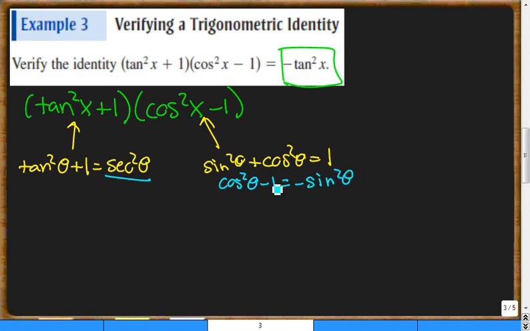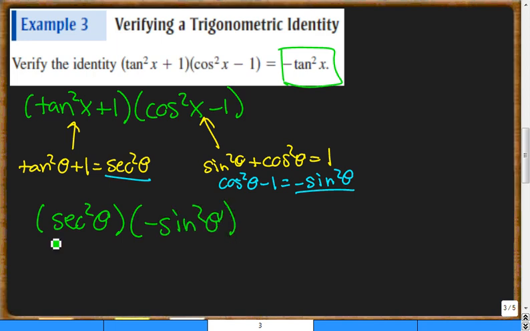So this is what I'm going to use on this side. So I could convert these to secant squared theta times negative sine squared theta. Well, secant squared is the same as 1 over cosine squared theta.